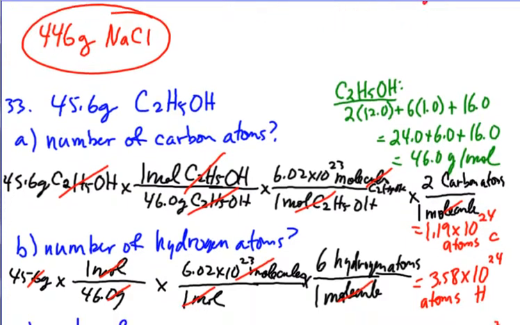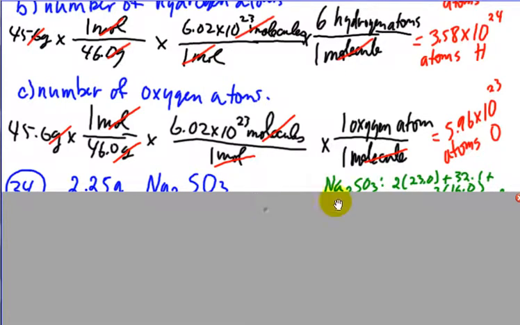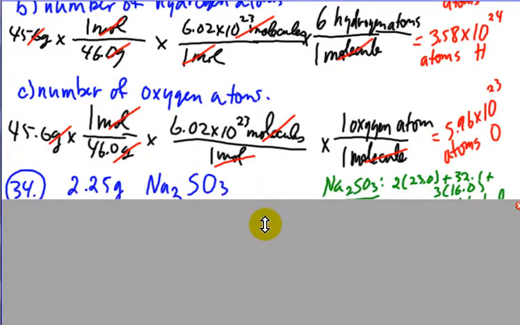If we go with oxygen, you can see here, for every 1 of these molecules, I have 1 oxygen. So the only thing that changes is the end. And of course, the end isn't going to change because it's 1 to 1. 1 molecule has 1 oxygen atom. And that works out to be 5.96 times 10 to the 23 atoms of oxygen.